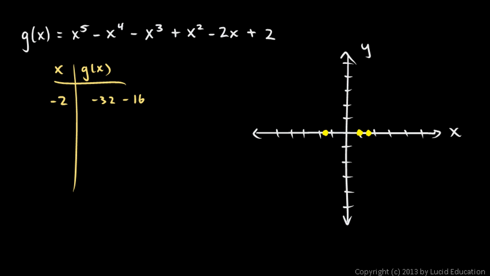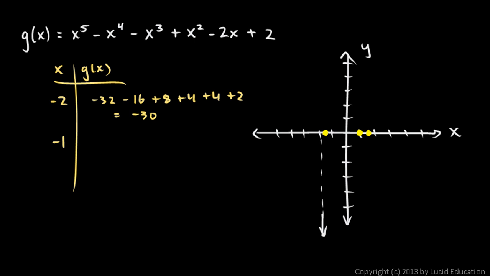Minus x cubed, which is minus negative 8 or plus 8, and then plus 4 plus 4 plus 2. That comes out to be negative 30. So at negative 2, the value of the function is way down there off my graph here.